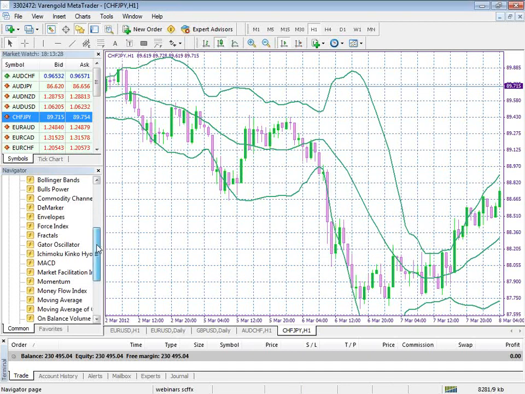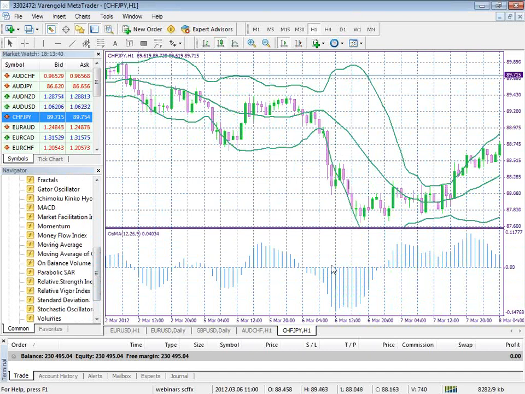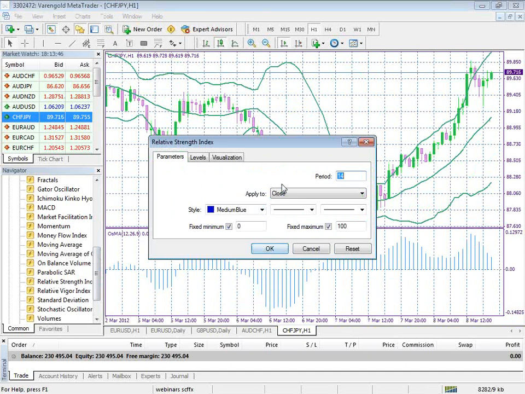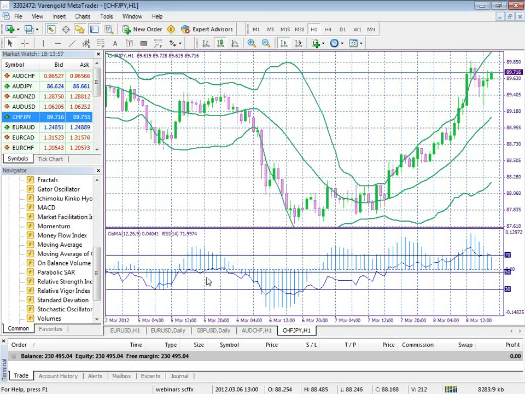I will put moving average of oscillator. In the same window, I will put the RSI. As you probably already know, I have signals from the cross of RSI and oscillator of moving average.